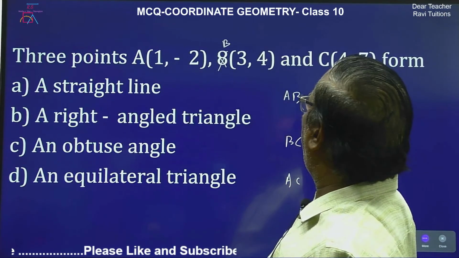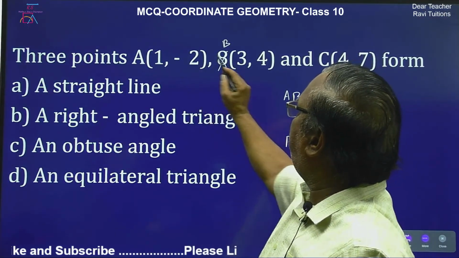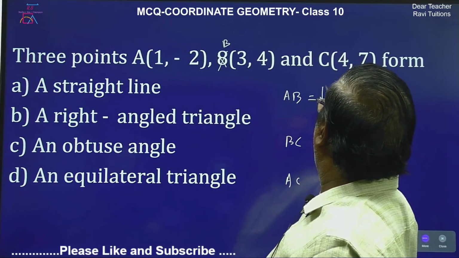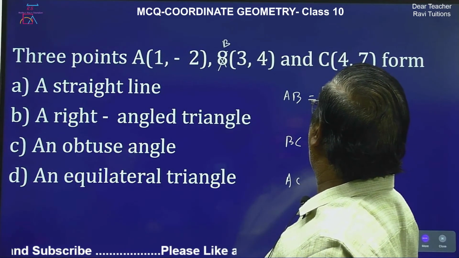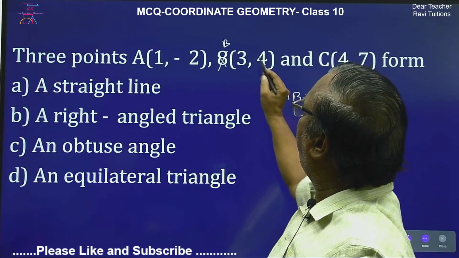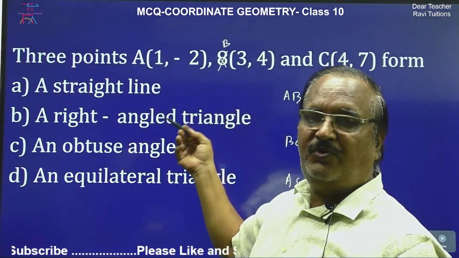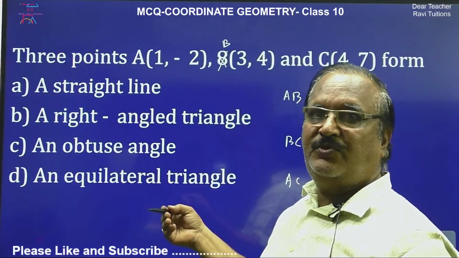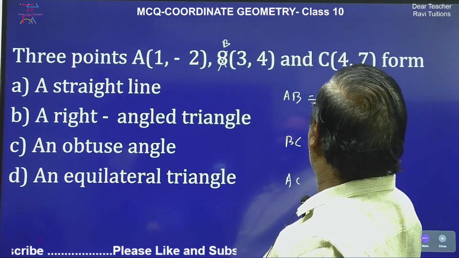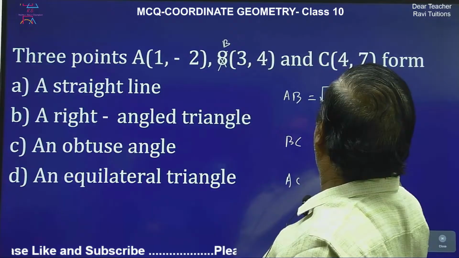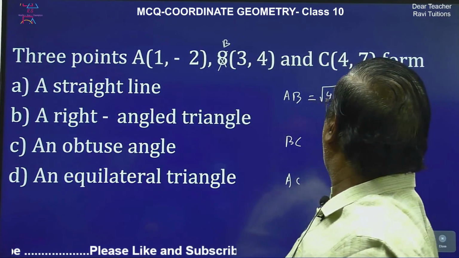So, let us find out AB, that means these two. 3 minus 1, 2, 2 square is 4. 4 minus minus 2, 4 plus 2, 6. 6 square is 36, 42. Okay.